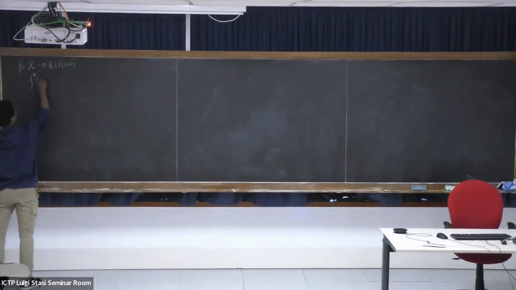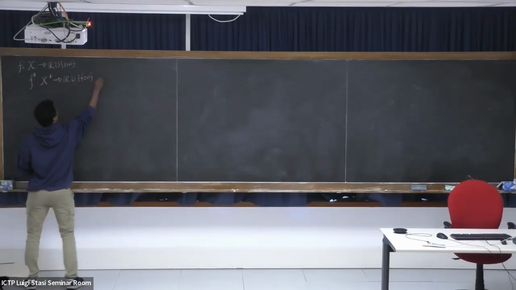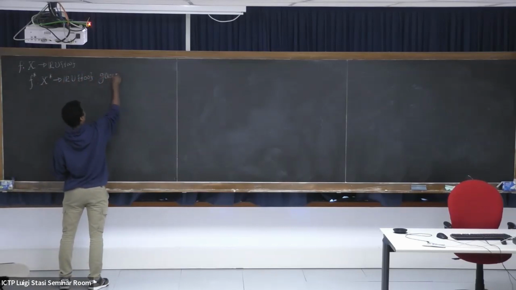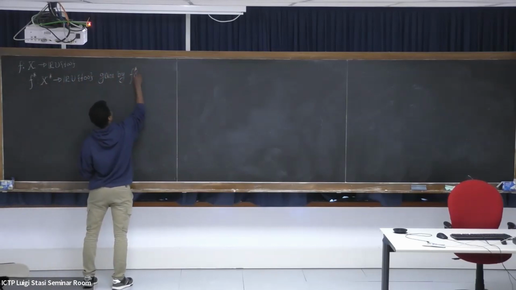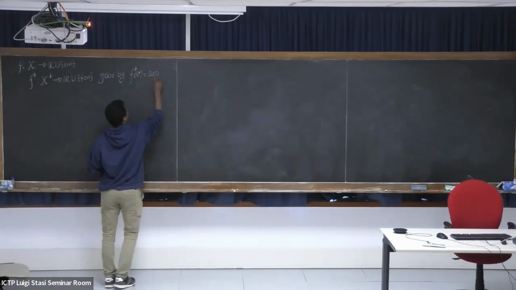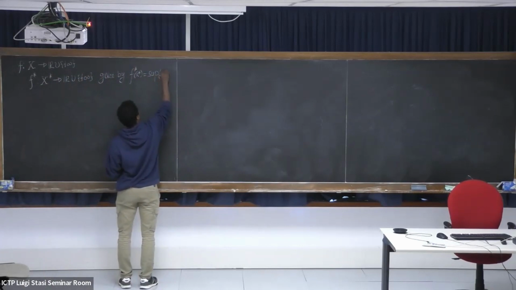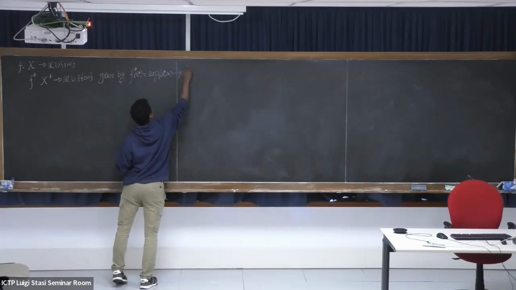Fenchel conjugate. This is called the Fenchel conjugate, which is defined in the dual space. It is given by f star of x star, the supremum over all the linear functionals, of x star of x minus f of x.